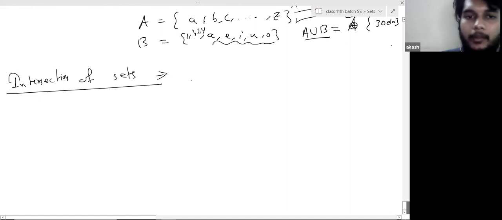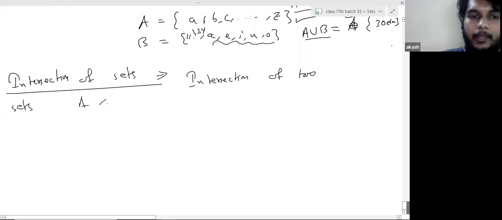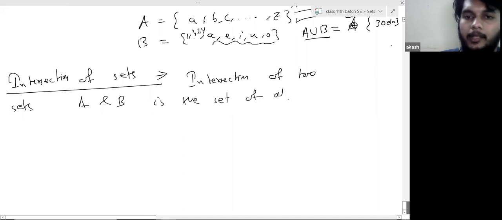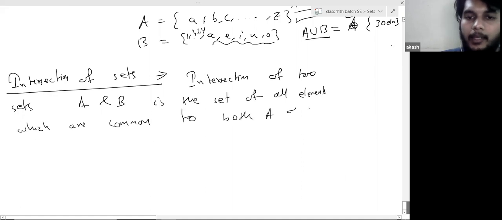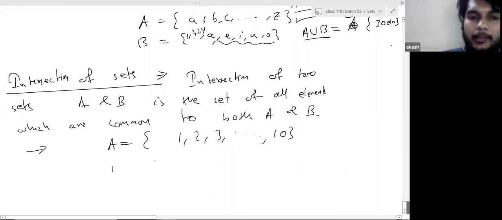The intersection of two sets A and B is the set of all elements which are common to both A and B. What this means: if you have a set A, 1, 2, 3 till 10, and a set B, 4, 5, 6, and 7.